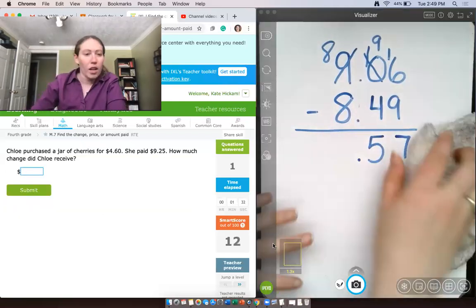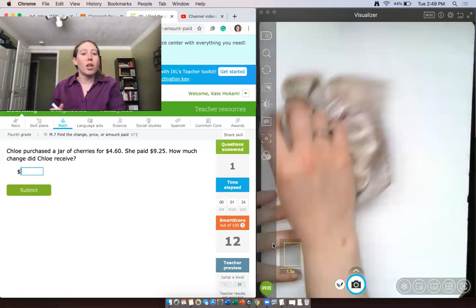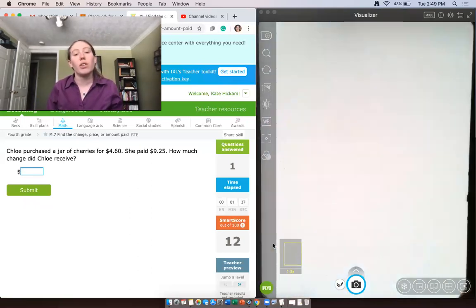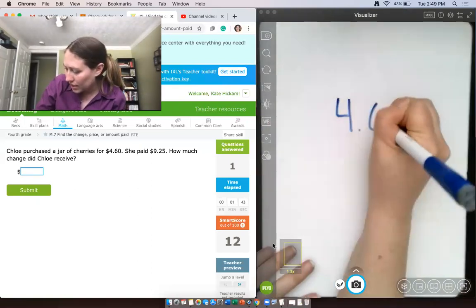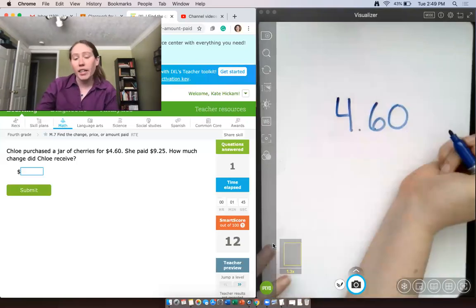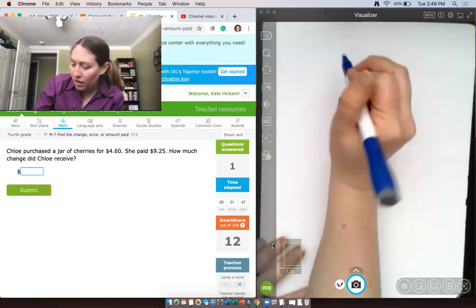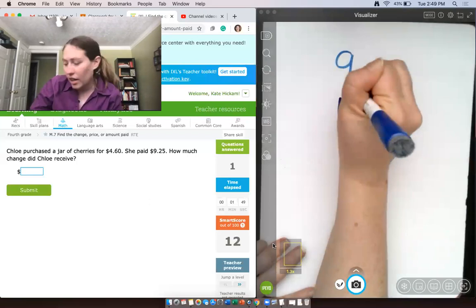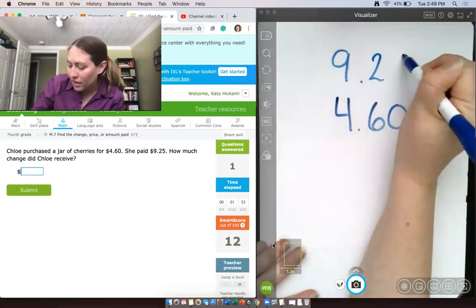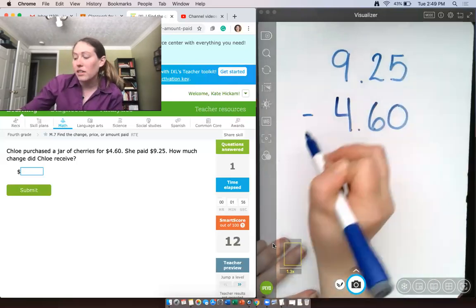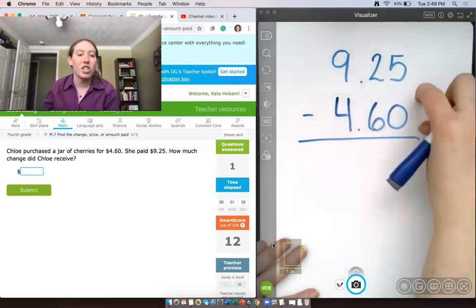Okay. So this time she purchased a jar of cherries for $4.60. So the cost of the cherries was $4.60. But she paid, so she gave them $9.25. So the cashier had to take away the price that she spent on the cherries from the price she gave.